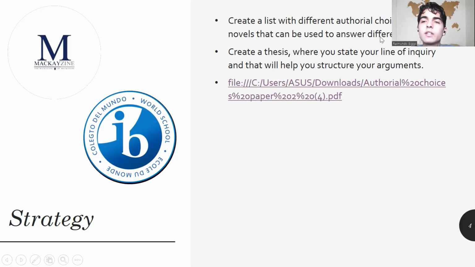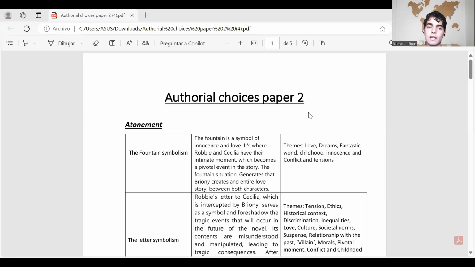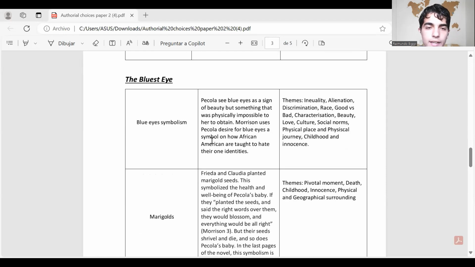Create a list with different authorial choices from your novels that can be used to answer different questions. This is very important. I personally created a list of these authorial choices that I can use for a variety of themes. In my case, I chose the novels Atonement and The Bluest Eye.